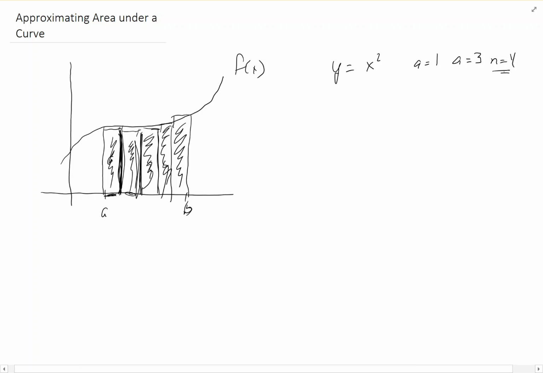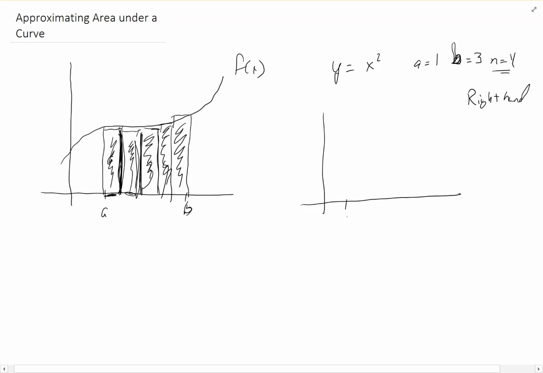So n is going to be the number of rectangles. My starting value is 1, my ending value is 3, and I'm looking at y equals x squared. You've got two options, a left-hand sum or a right-hand sum. Let's do the right hand to start with.